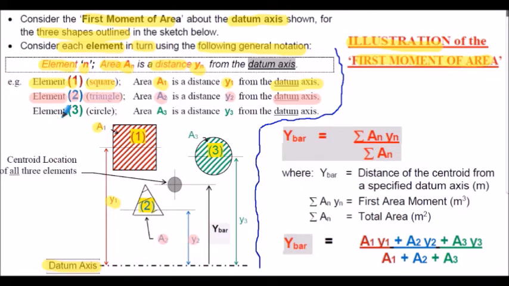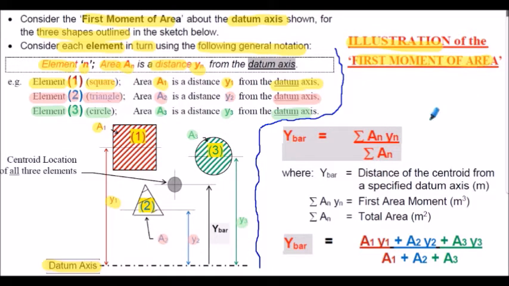And element number 3 in our sketch is a circle this time. That has area A3 and distance Y3 from the datum axis.